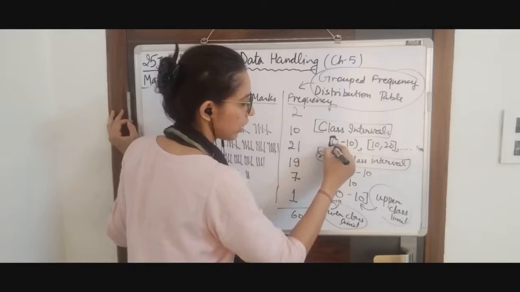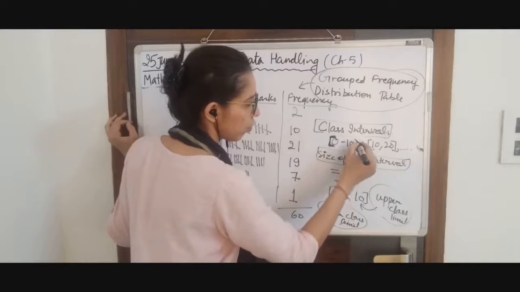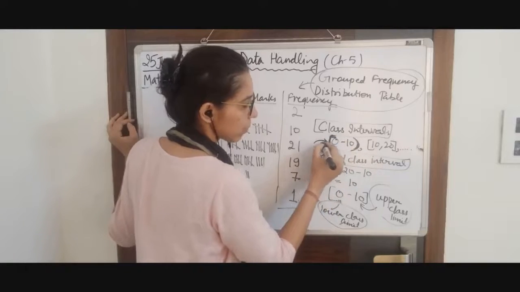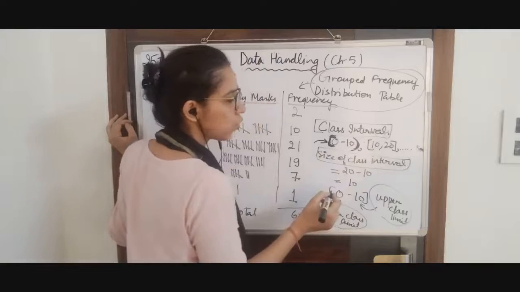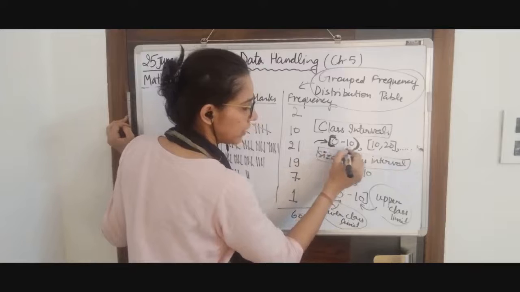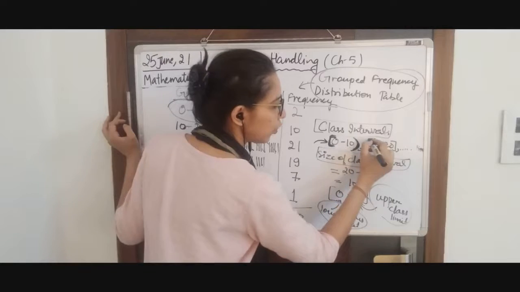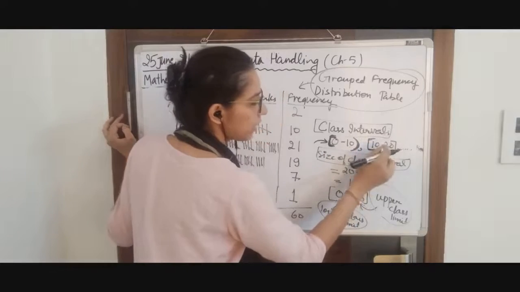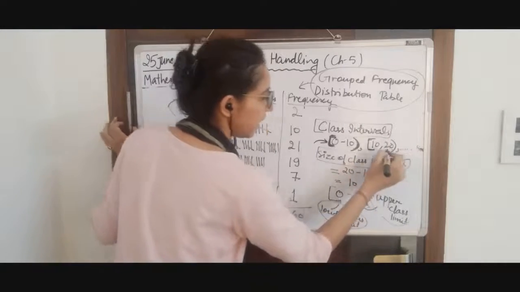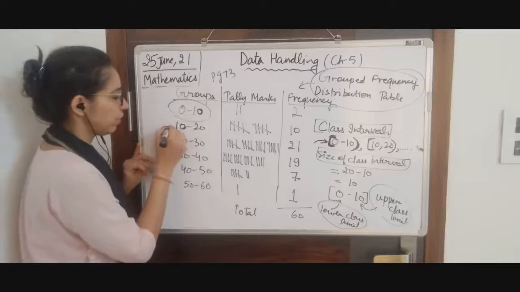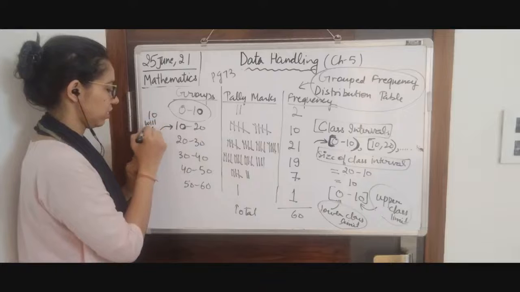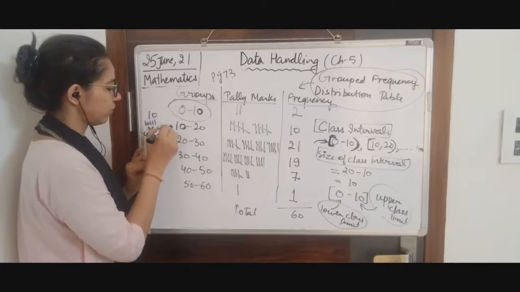Here we are using a square bracket and here we are using a small bracket. Square bracket means this number is included and small bracket means this number is not included. So 10 is not included in this class interval, but 10 is included in this class interval. So 10 will be counted in this class interval. You can write: 10 will be counted here.